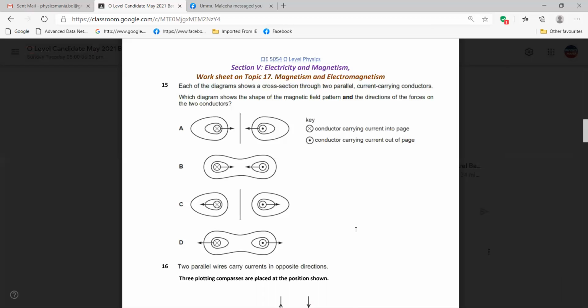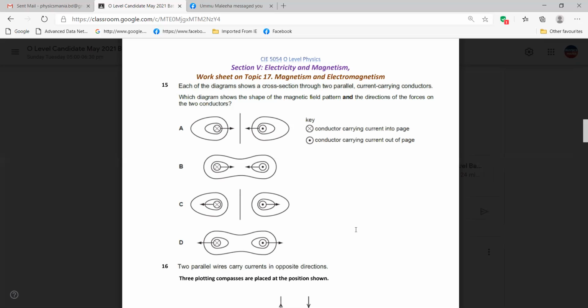A is repulsion, so definitely not B. A is repulsion. Sir, will it be C? Yes. Sir, does A make any kind of sense? It doesn't make any sense.